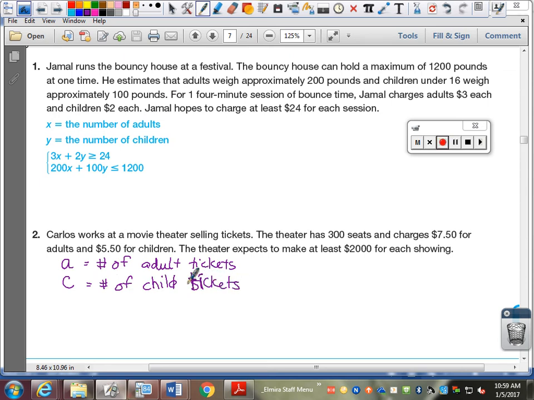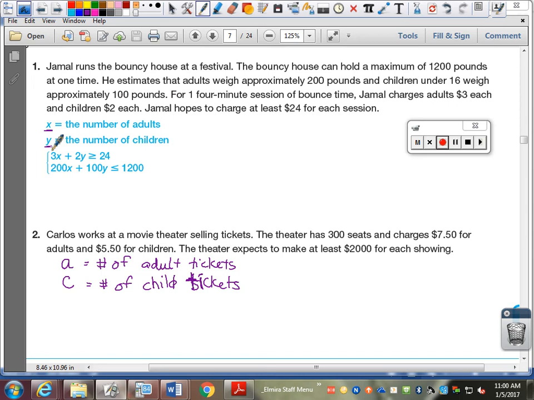The example from the book gives you x and y, but I think it's more beneficial to use a letter that represents what you're talking about. That way, in the future when you're finding the value of A and C, you know what you just found out.